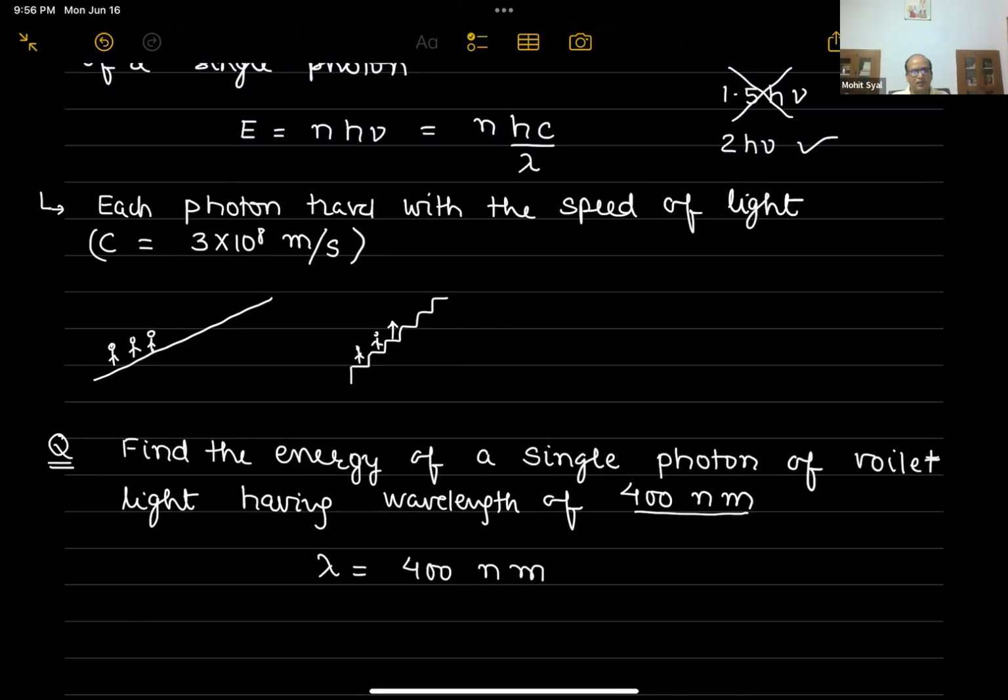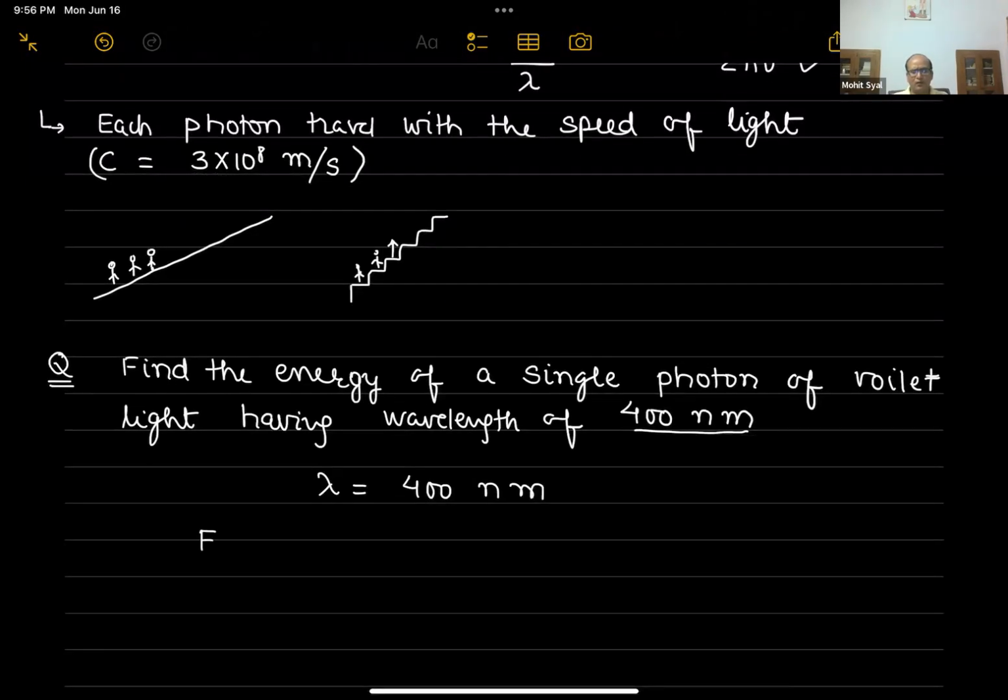So you are going to apply the formula. What formula are you going to apply? The energy of a single photon is equal to Planck's constant times its frequency, or Planck's constant h c by lambda.